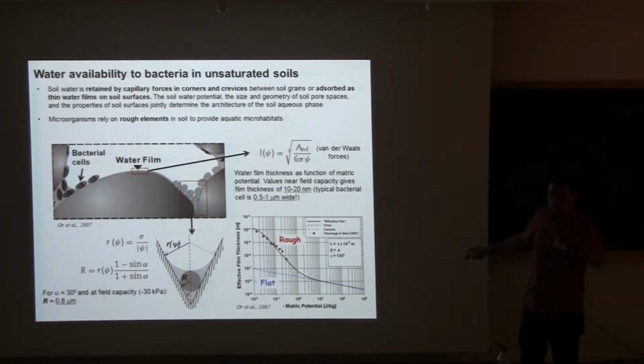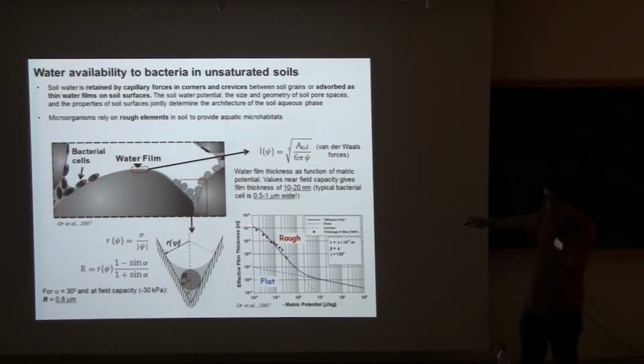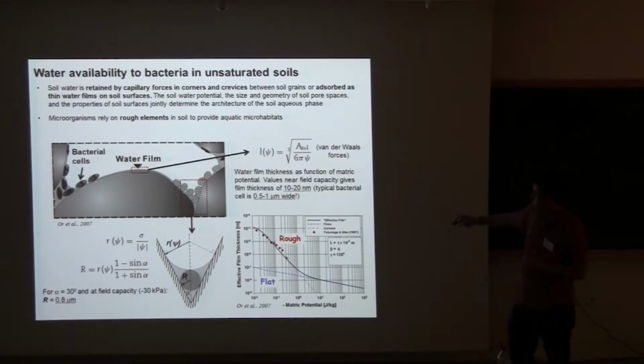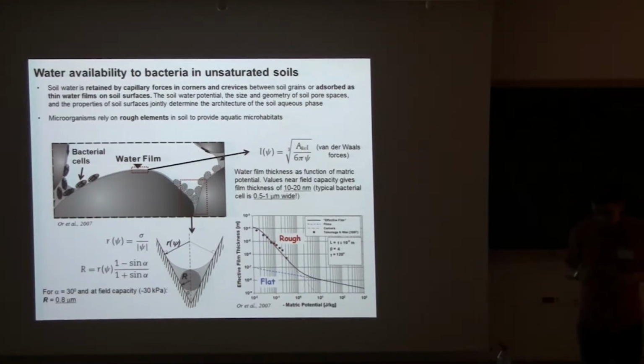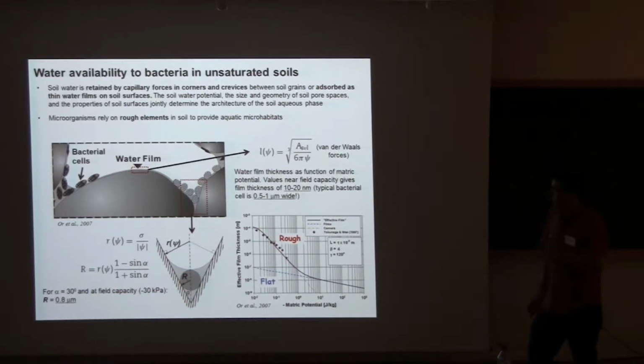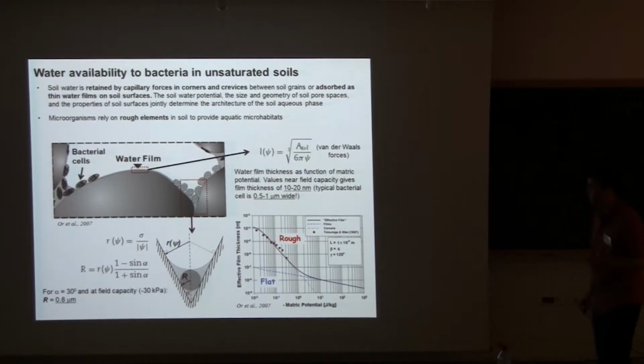If you have a rough surface, then it jumps to something much larger, a tenth of a millimeter. So you really have orders of magnitude differences depending on the roughness of the surface. And of course, this will really play a role on rough soil surfaces that can carry and support those microbes.